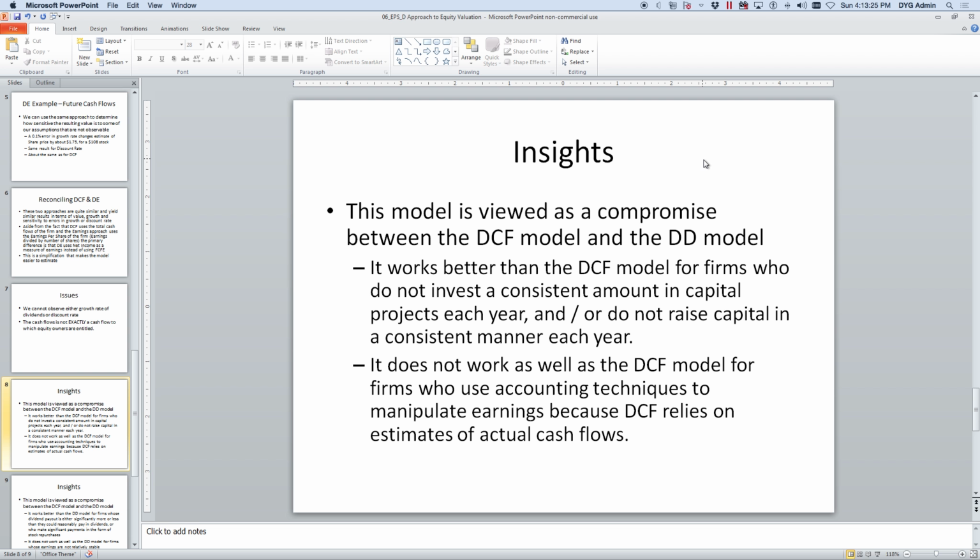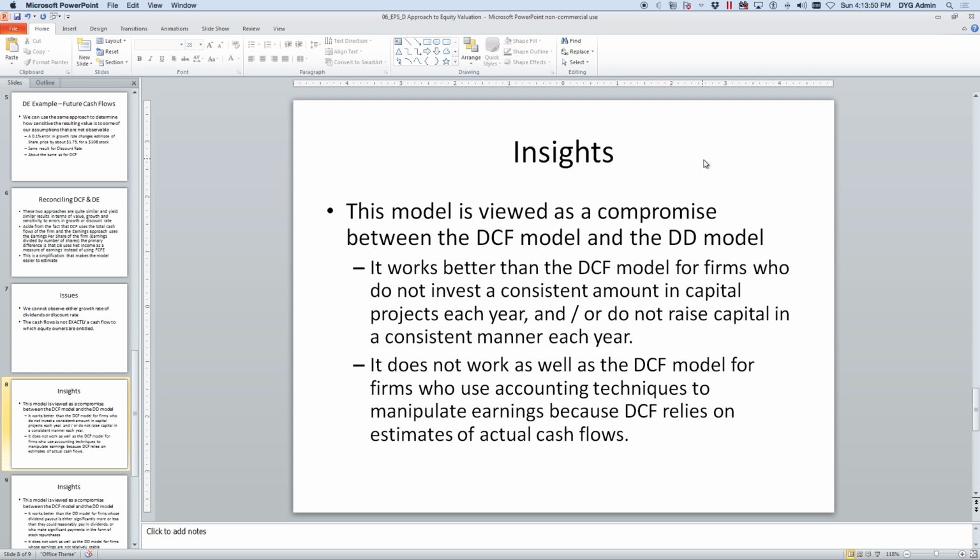And so if they, for example, use those accounting techniques to significantly over or understate earnings in a particular year, for whatever reason, that can lead to some confusion or some questions about how that should relate to the value of the stock.